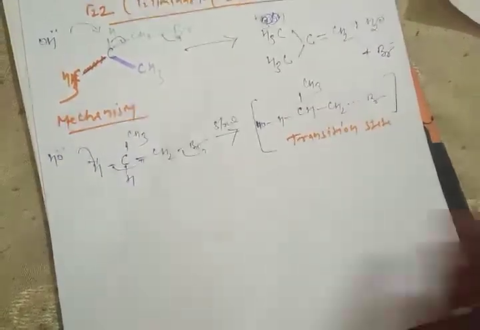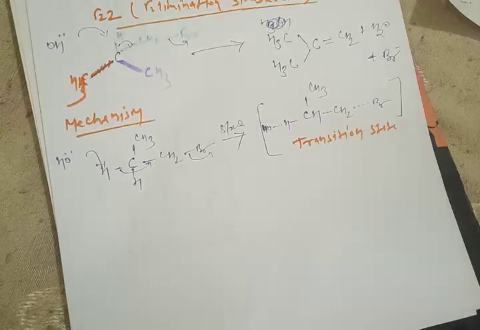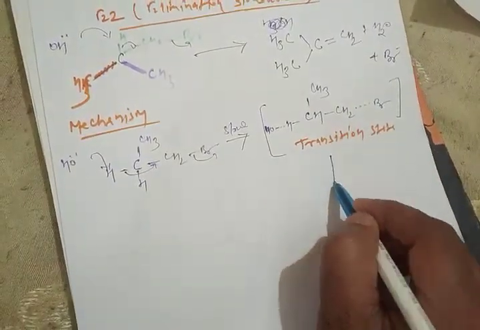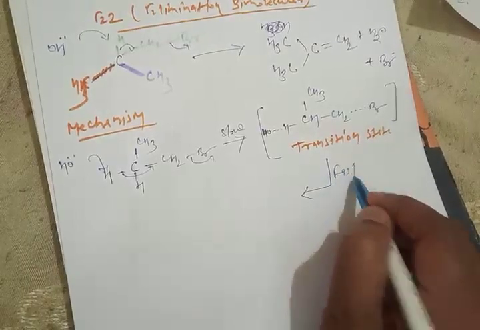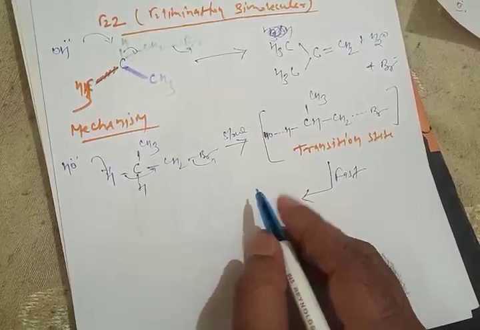The attack of the OH ion and the removal of bromide are done simultaneously. Then the Br is removed.